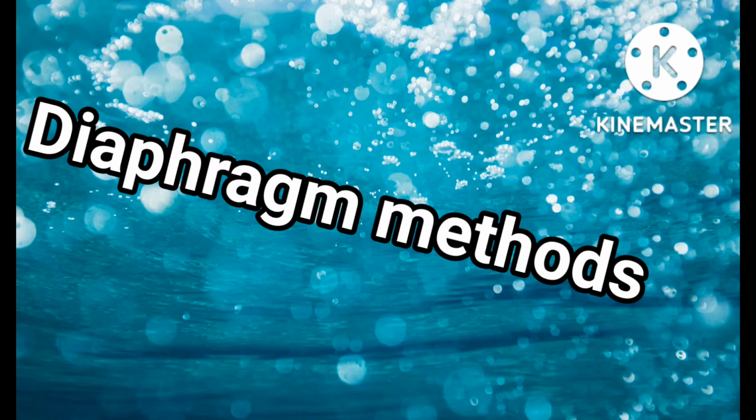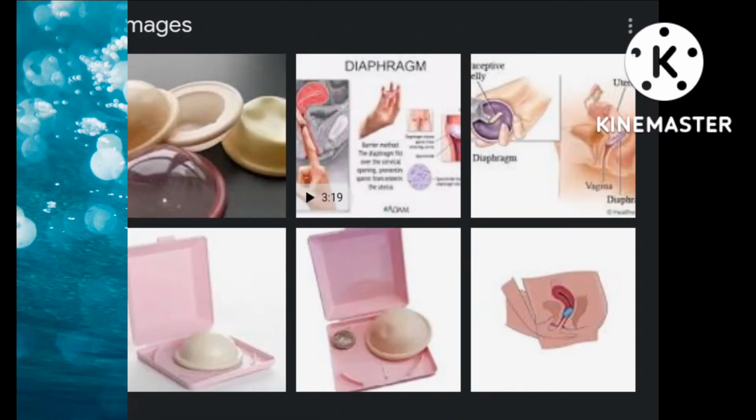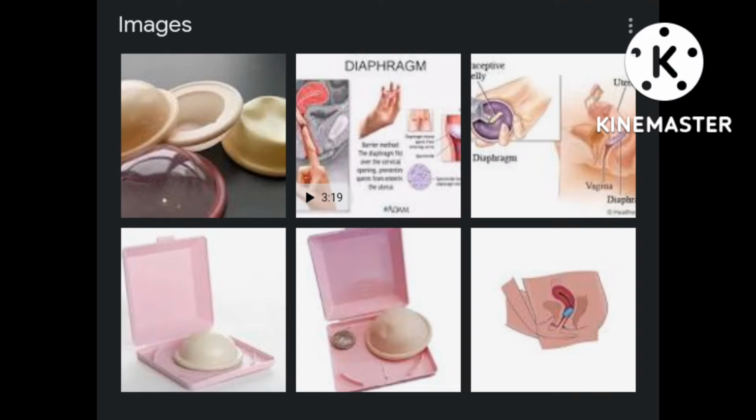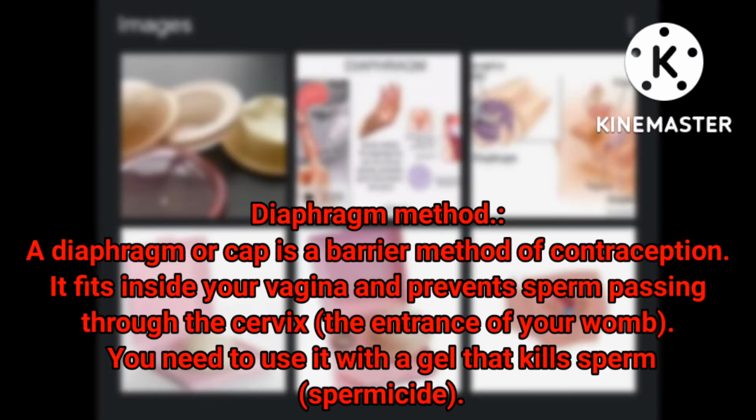Diaphragm method. A diaphragm or a cup is a barrier method of contraception. It fits inside your vagina and prevents sperm passing through the cervix, or the entrance of your womb. You need to use it with a gel that kills sperm.